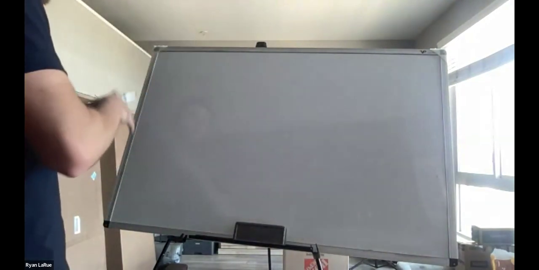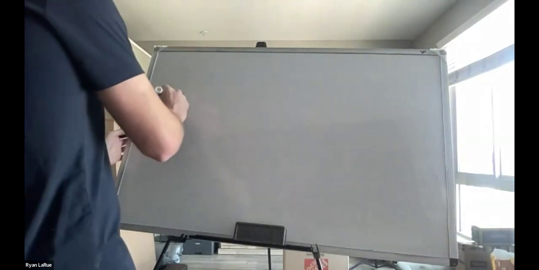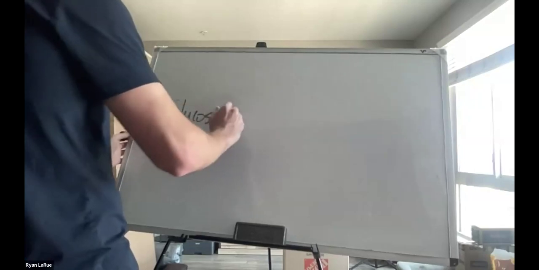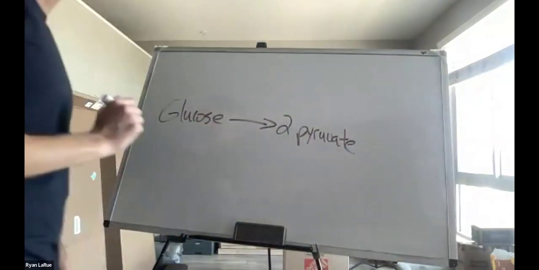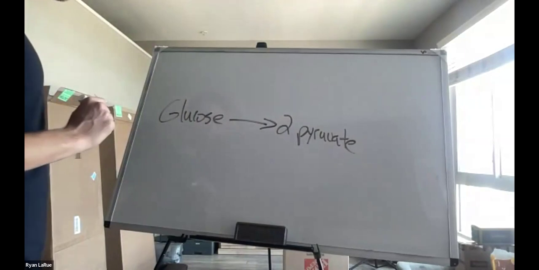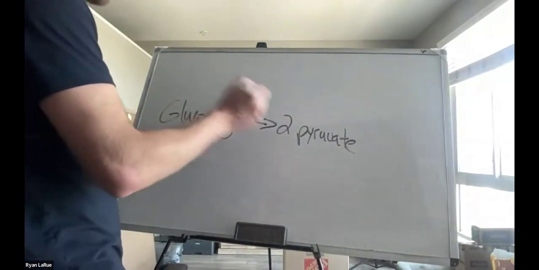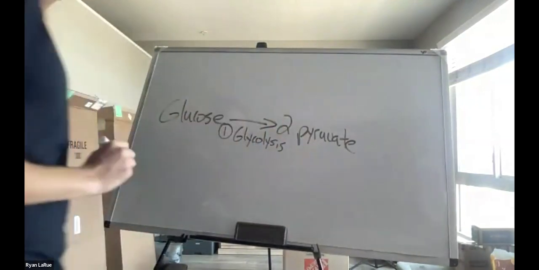If you remember that flow chart that we do, every cell, no matter what, starts by converting glucose to 2 pyruvate molecules. This pathway is called glycolysis.